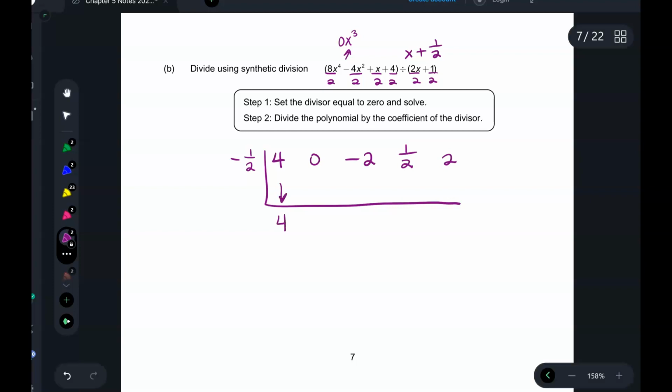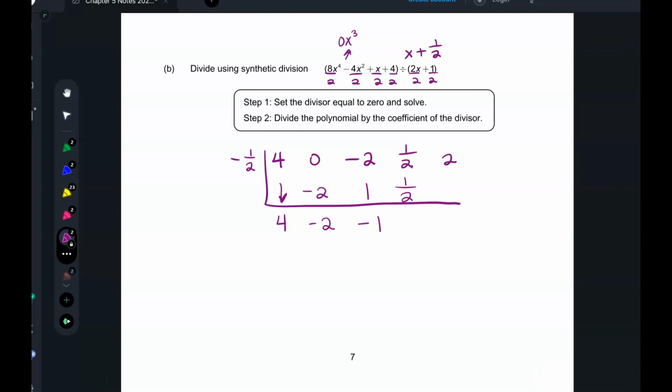Let's bring down the 4. 4 times negative a half? Negative 2. 0 plus negative 2, negative 2. Negative 2 times negative a half? 1. Negative 2 plus 1, negative 1. Negative 1 times negative a half?